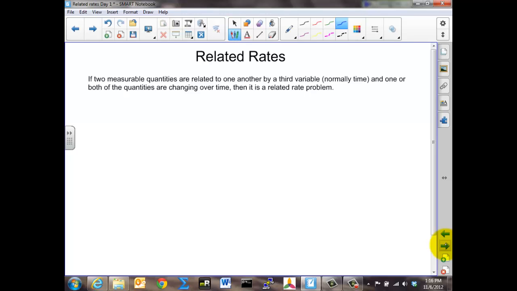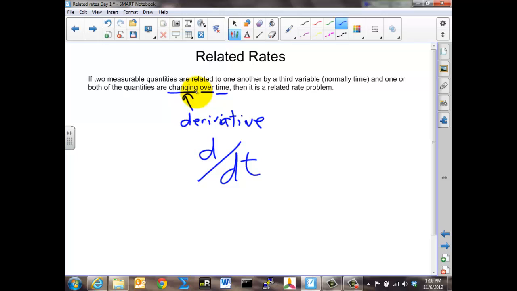Okay? Changing over time. Now, what does change make you think of? Derivative. So we're looking at a derivative if we're talking about change over time. So we're looking for a derivative of something with respect to t.